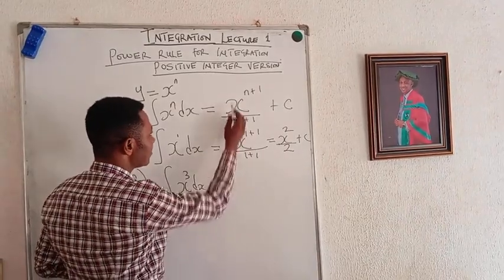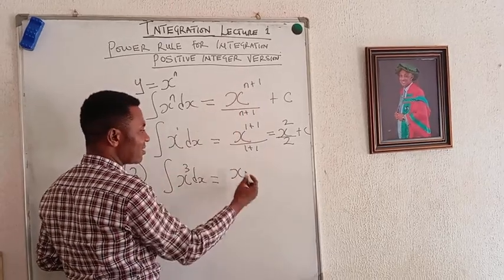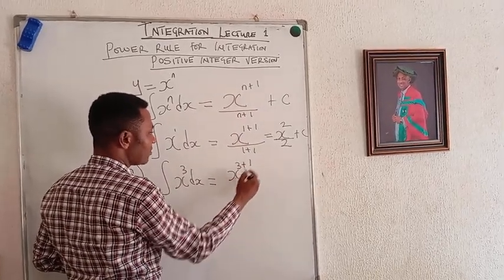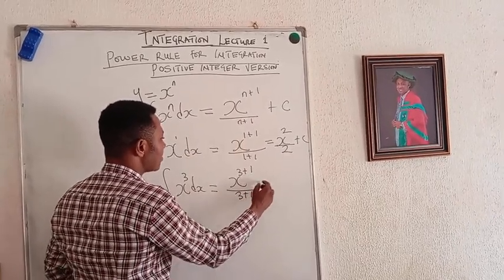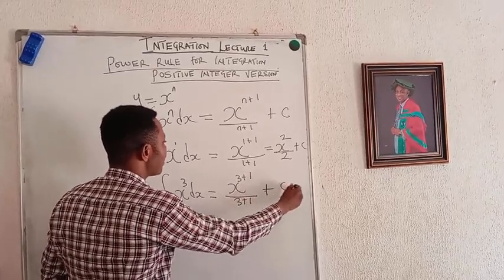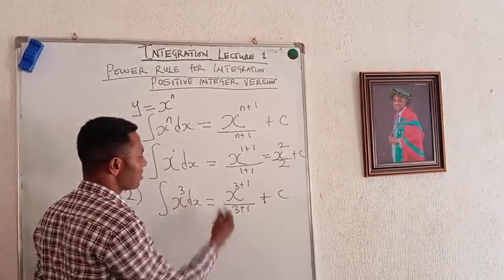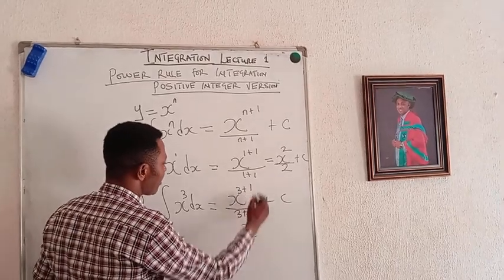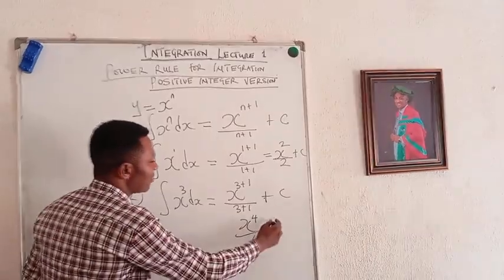So we write x, 3 plus 1, all over 3 plus 1, plus c, where c is the constant of integration. You must add a c to it. Now we have x, 3 plus 1 is 4, all over 4, then plus c.